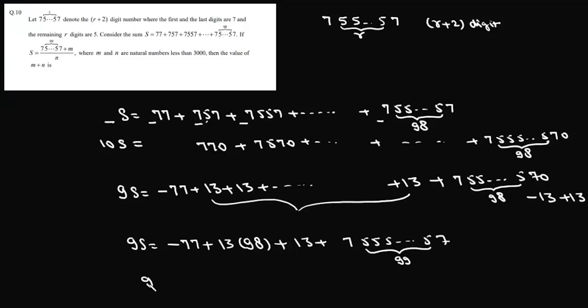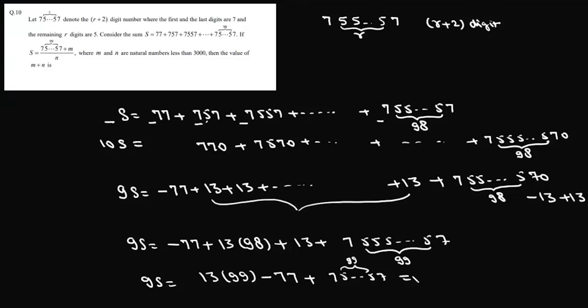So basically this is 9s and this is 13 into 99 minus 77 plus 7, 5, 5, 5, 7, 99 times, which we need in the question.